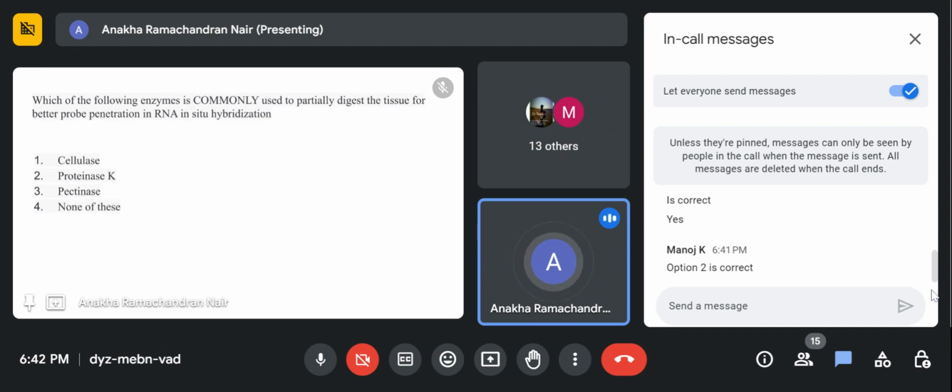All right, I'm not seeing anything in the chat itself, so I'm assuming everyone either thinks option 2 is correct, or you don't know the answer for this. So no problem with either.